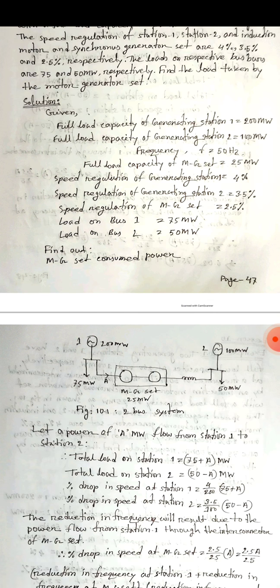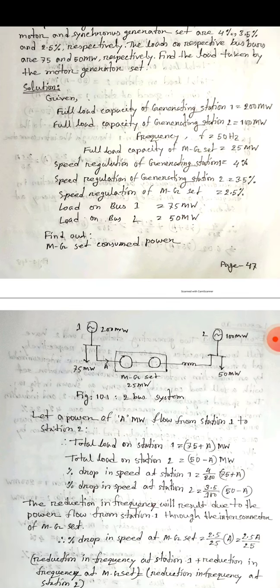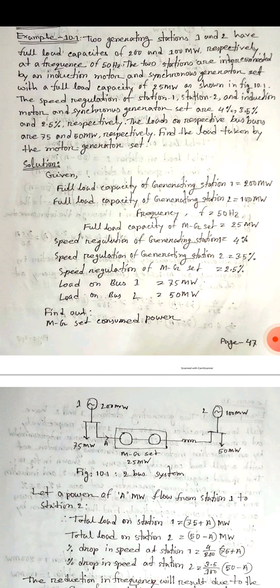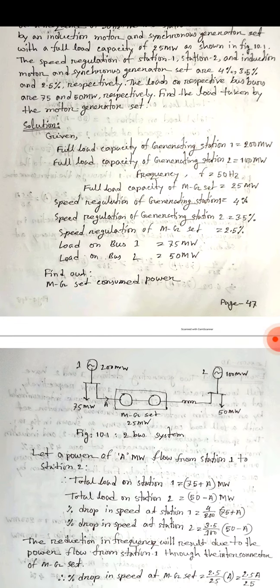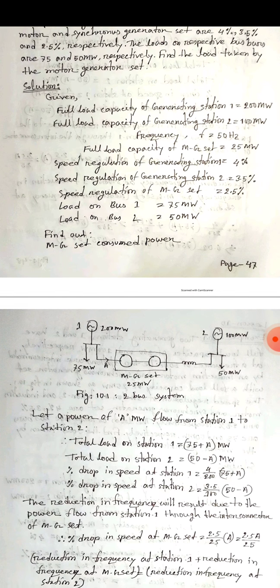The two stations are interconnected by an induction motor and synchronous generator set with full load capacity of 25 megawatt, as shown in figure 10.1. Find the load taken by the motor generator set. This is the solution.